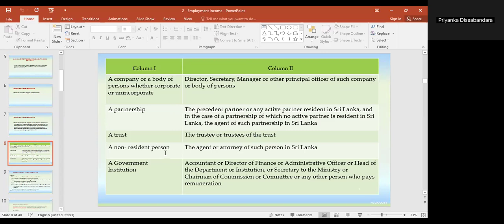If it is a non-resident person, the agent or attorney of such person in Sri Lanka. If it is a government institution, the employer is the accountant, director of finance, administrative officer, head of the department or institution, or secretary to the minister. Under column 1 we have given the organization, and under column 2 the respective employers.